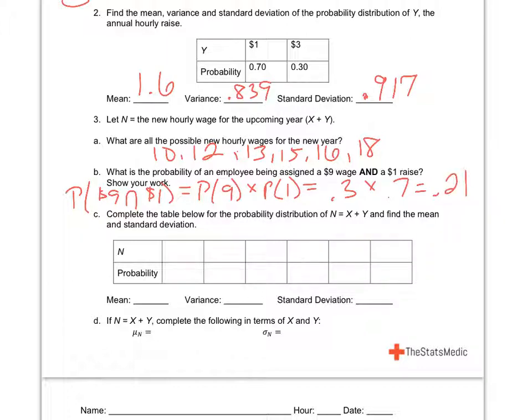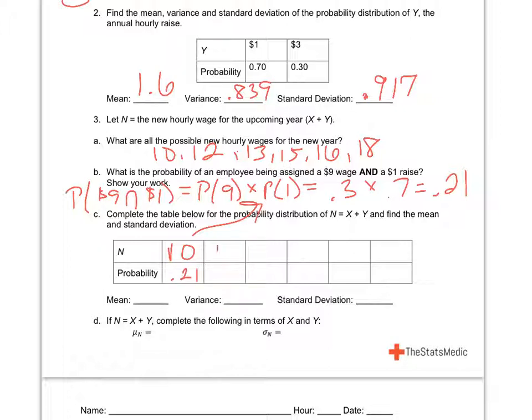Complete the table below for the probability distribution of N equals X plus Y and find the mean and standard deviation. Well, my probability of earning $10, which is this right here, because 9 plus 1, is 0.21.